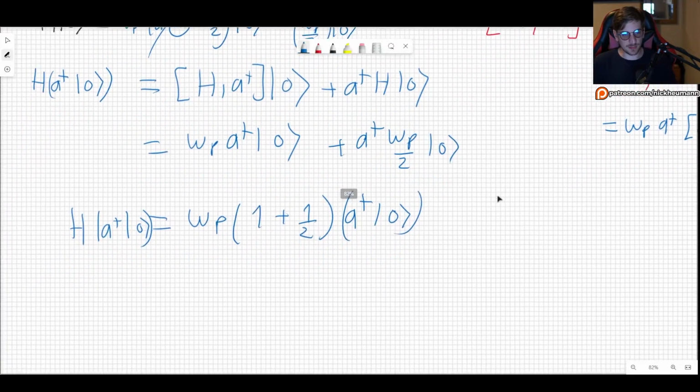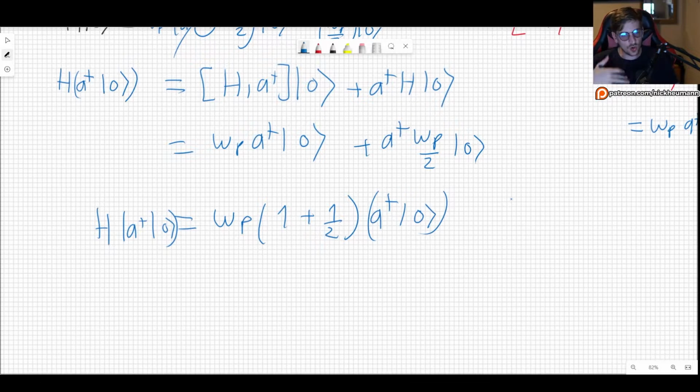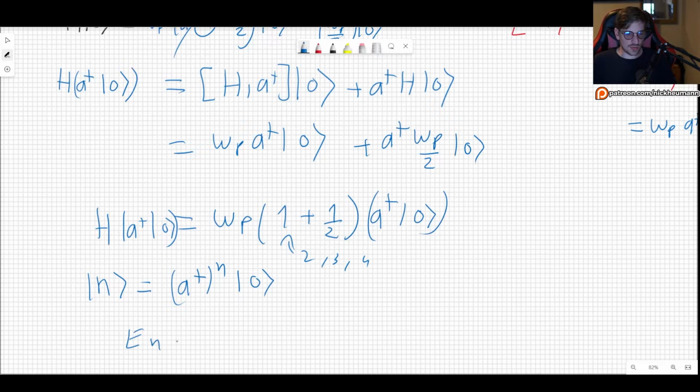Now this is of course a very familiar form, because if we do this over and over again, we get that the nth state is simply going to be A† to the n times the ground state, and its energy, if we do this again, this 1 will turn into a 2, then a 3, then a 4. So the energy of the nth excited state is simply going to be ωP (n + 1/2), which is of course what we have known for a very long time, since kindergarten, when we first encountered the quantum harmonic oscillator.